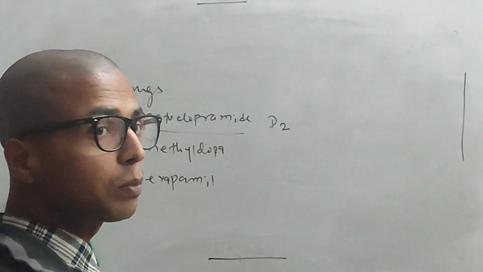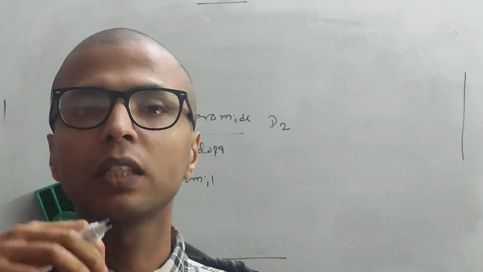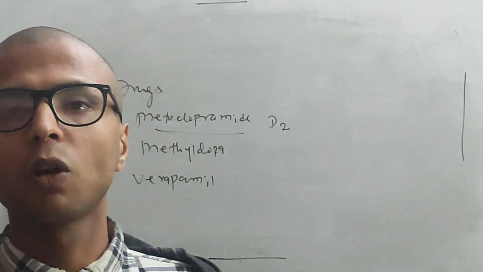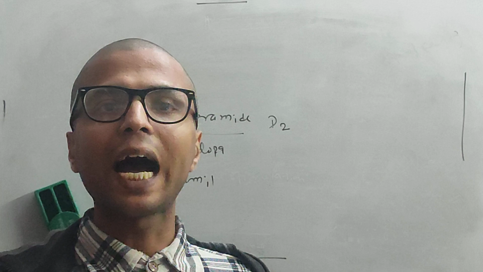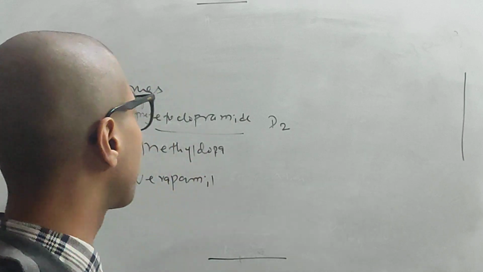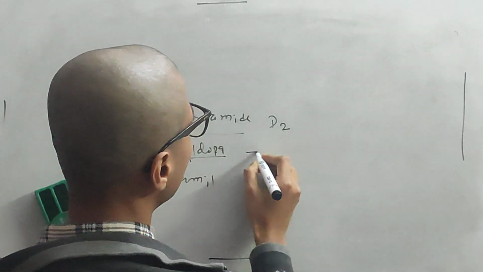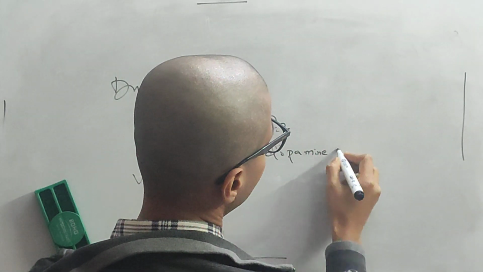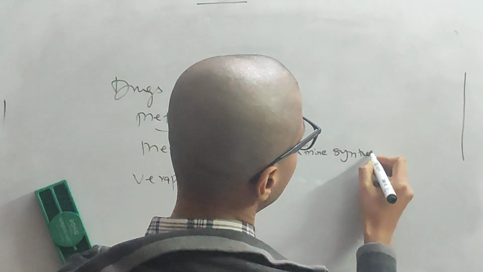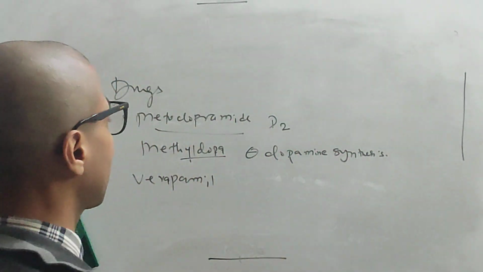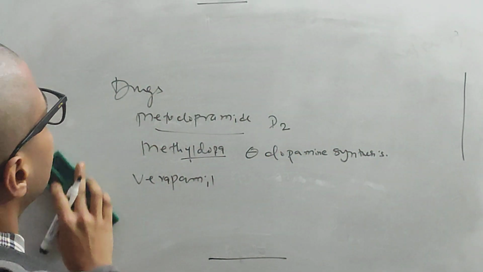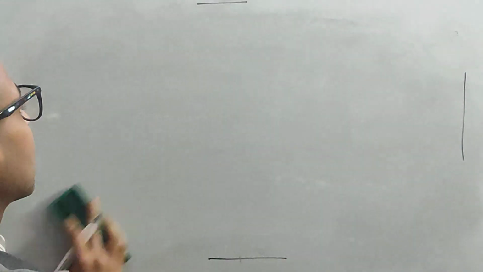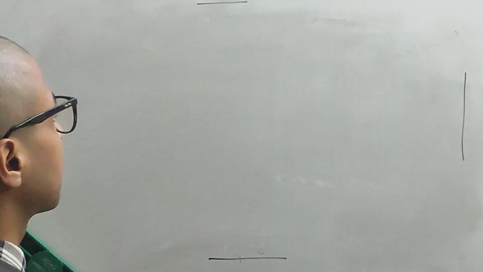If there is blockage of the dopamine receptor, what occurs? The inhibitory control is lost and you get high prolactin in the serum. And methyldopa inhibits dopamine synthesis. So low dopamine means inhibitory control is lost and there is elevated prolactin in the serum. Okay. So there are some drugs that cause high prolactin levels.